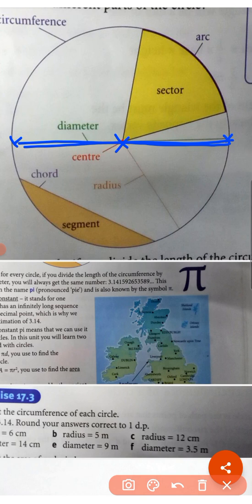This is radius. The radius is the distance between the center and any point on a circle.